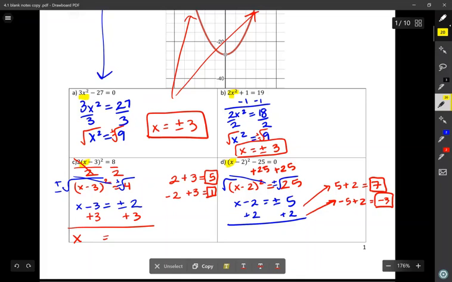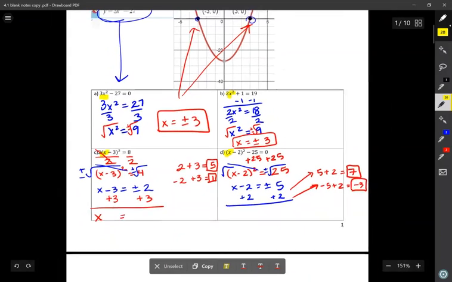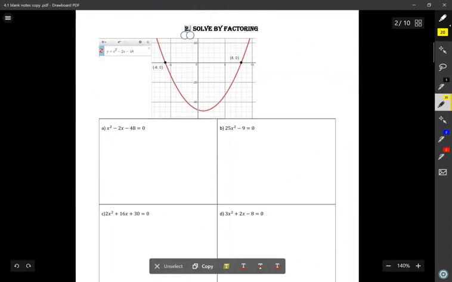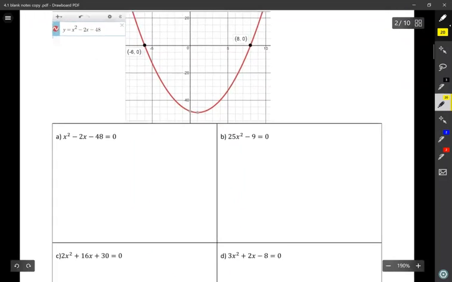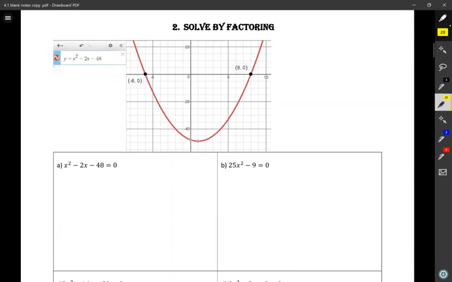So when there's only one x, most likely you can use square roots. When you come here and you have problems that have an x squared and another x, a couple of them, that might be a different method, except for B only has one x, but it's still a factoring. So you kind of always want to check to see if they factor first, but that's a good indication that there are two x's, like an x squared and an x.